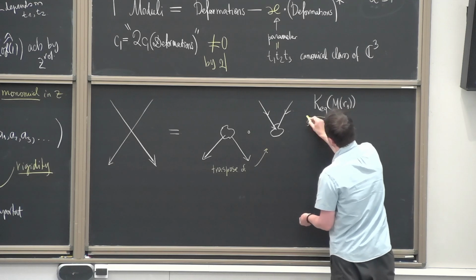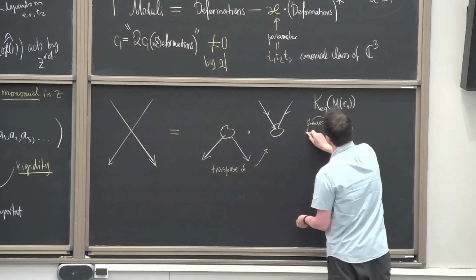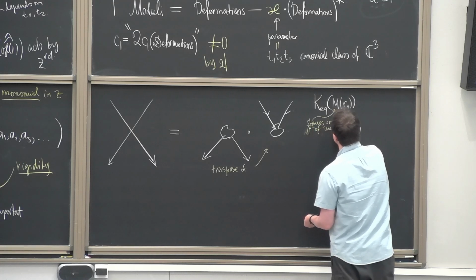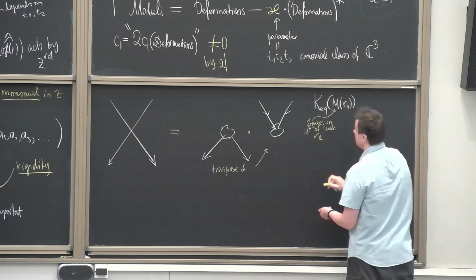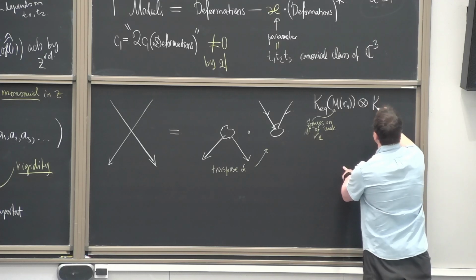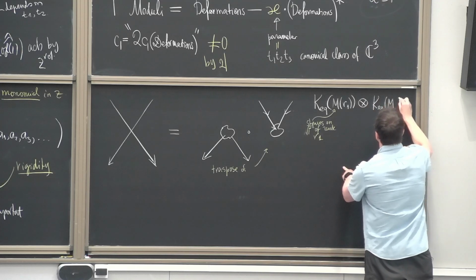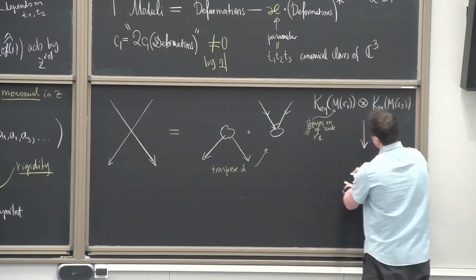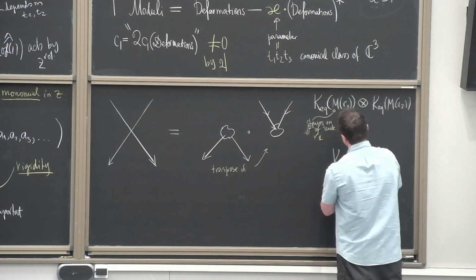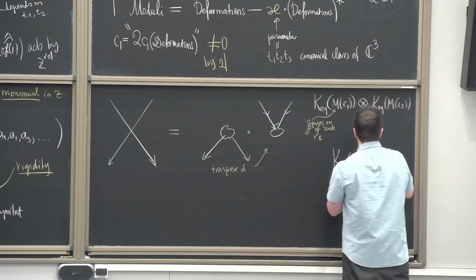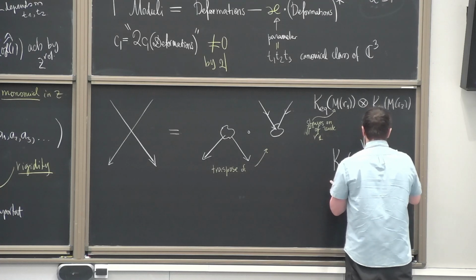Or bundles, sheaves, on P2 of rank R1, tensor equivariant K theory of M R2. And this has to go to equivariant K theory of M R1 plus R2.